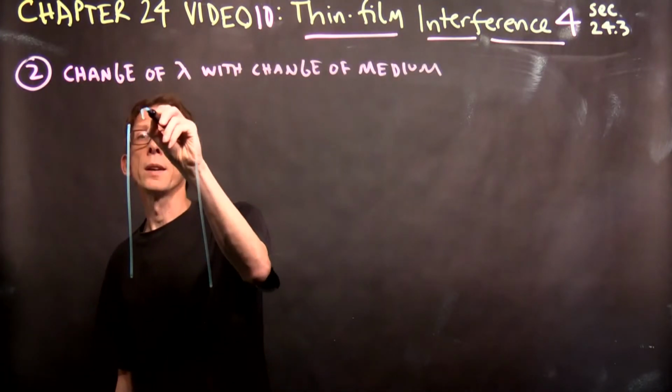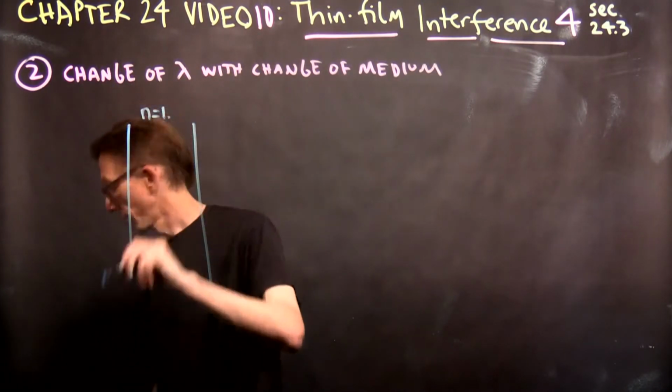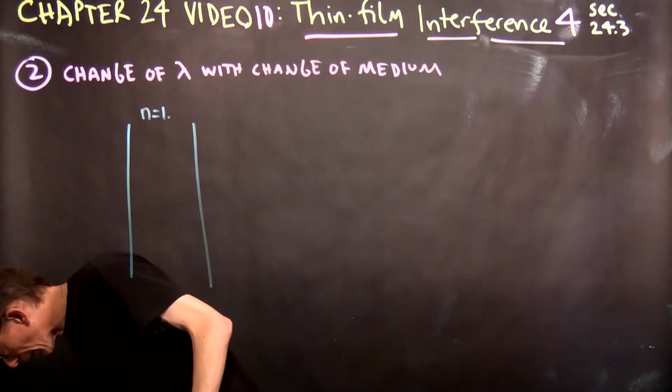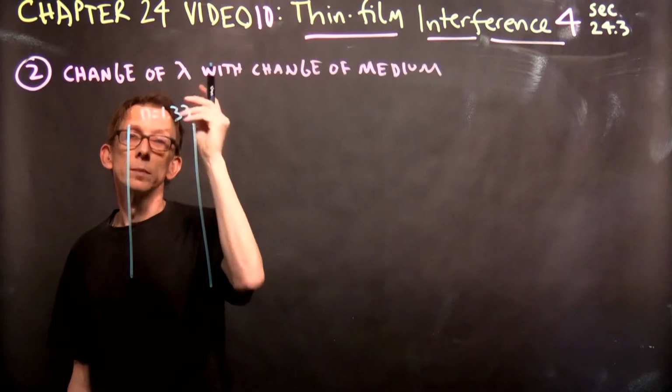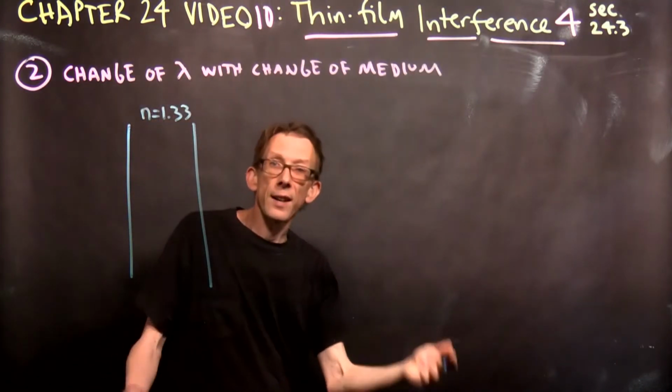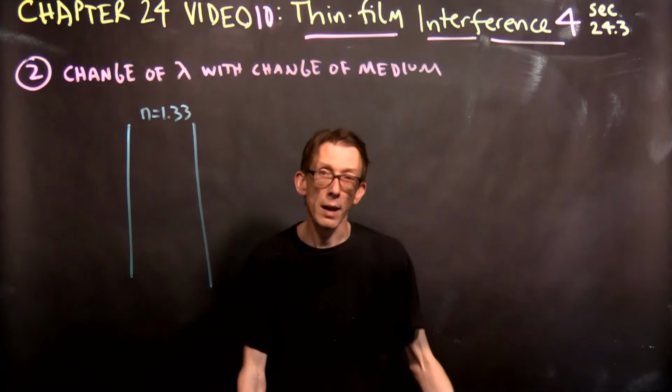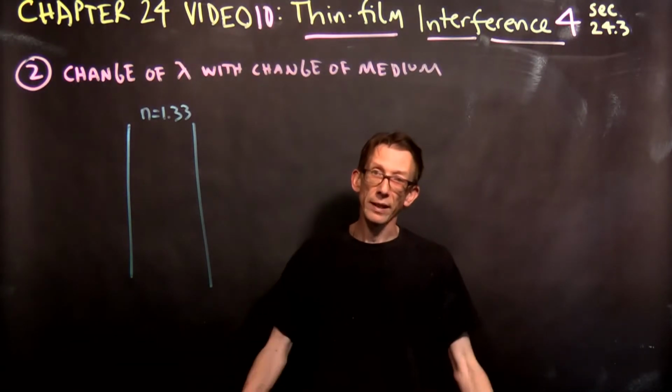Let's say that n equals 1.33. That's actually really low for glass. It should be 1.5. Let's say it's water. Let's stay with glass, doesn't matter. Let's just say it's really low density glass.